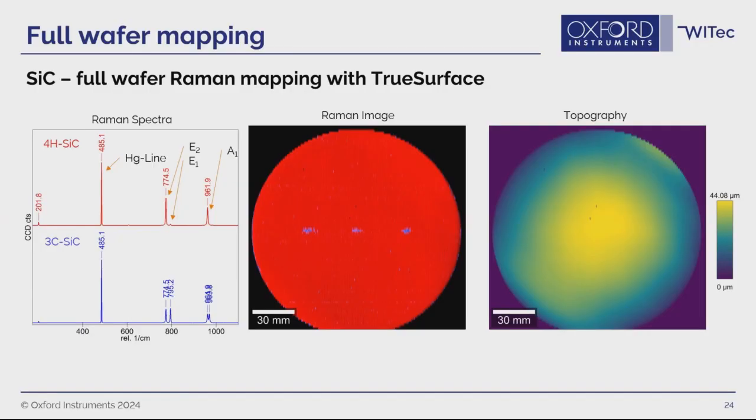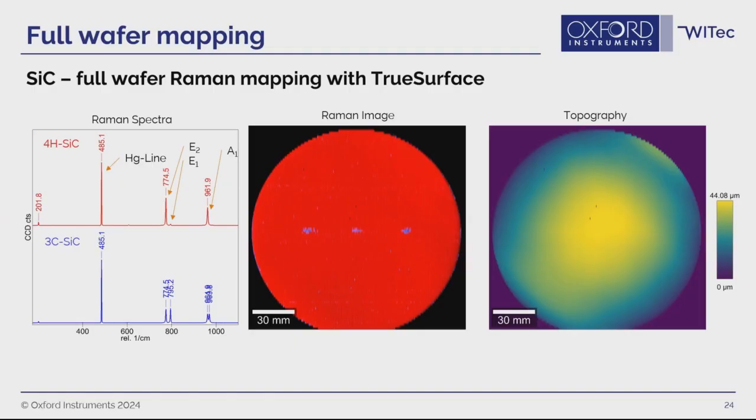The red spectrum, which corresponds to the red color in the Raman image, shows you 4H silicon carbide with its typical peaks at 774 reverse centimeter and the A1 mode at 961.9 reverse centimeter.